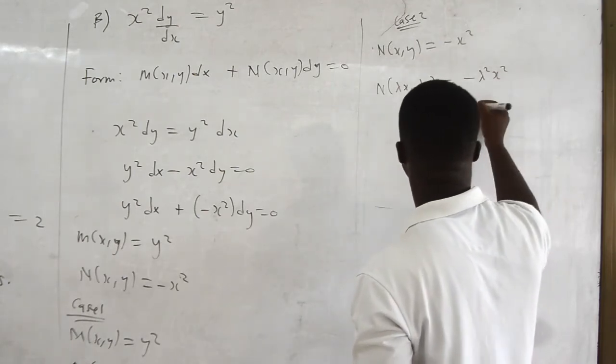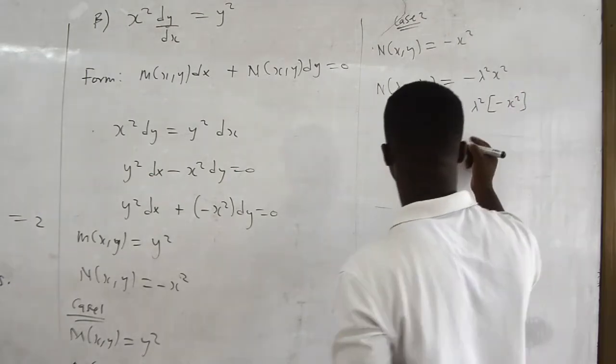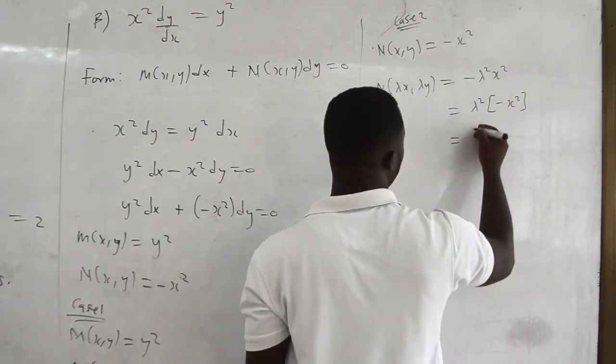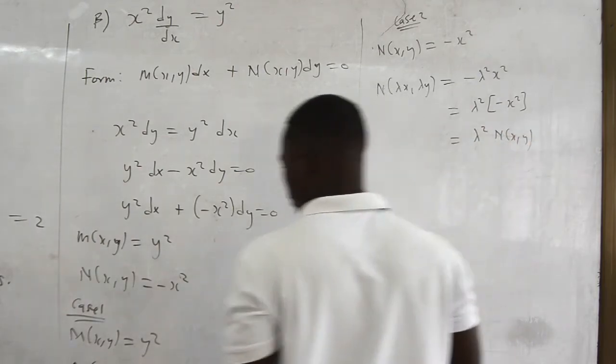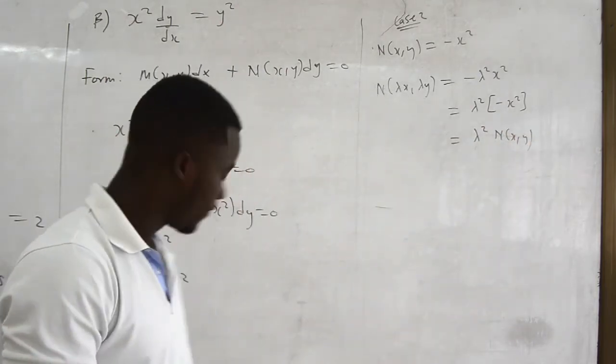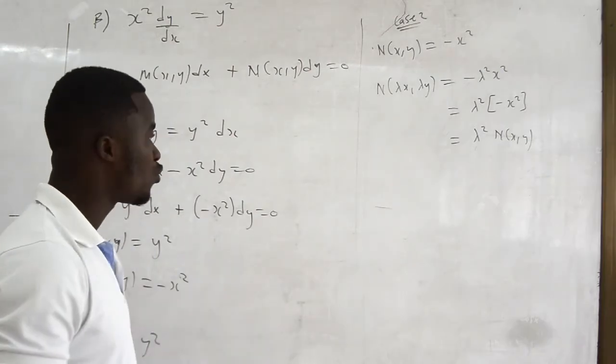This one is the same as lambda squared N of x y. So comparing the two cases, from case 1 we have the degree to be 2, and from case 2 we have the degree to be 2.